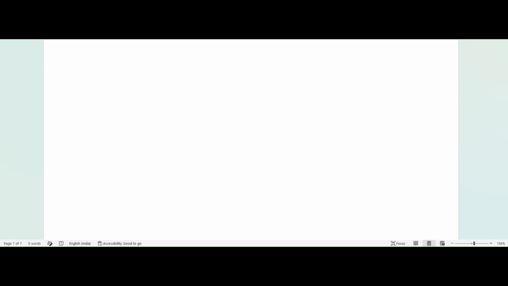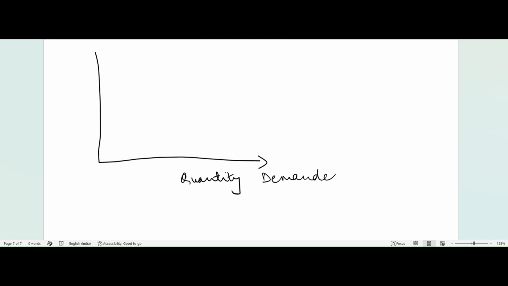Give me a minute. All right, so what will the graph be? The graph will be something like this. This is your quantity demanded, and this is your price. Let's say I draw this graph for granola bars, the same good.